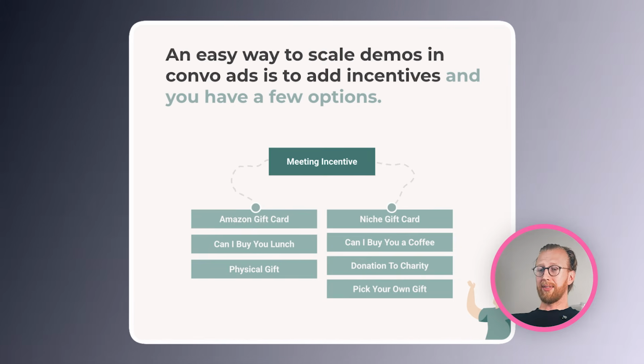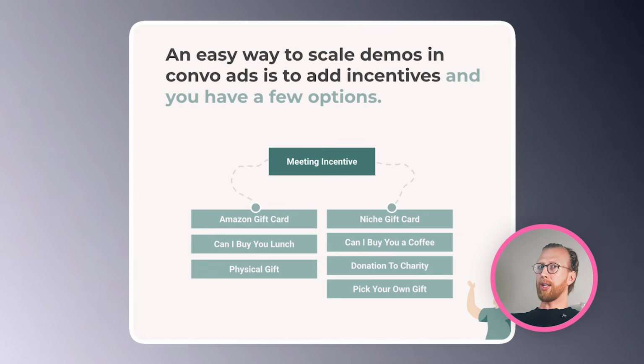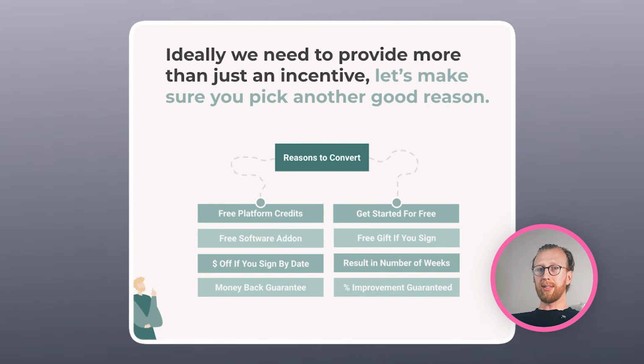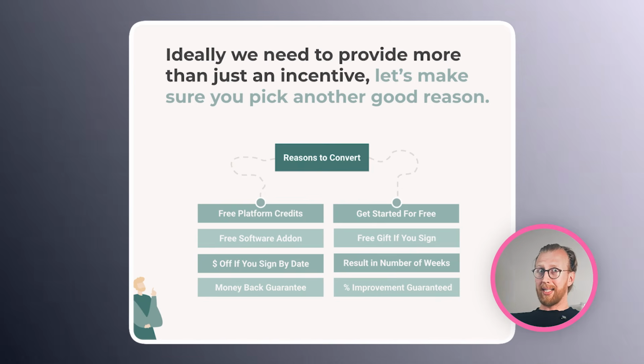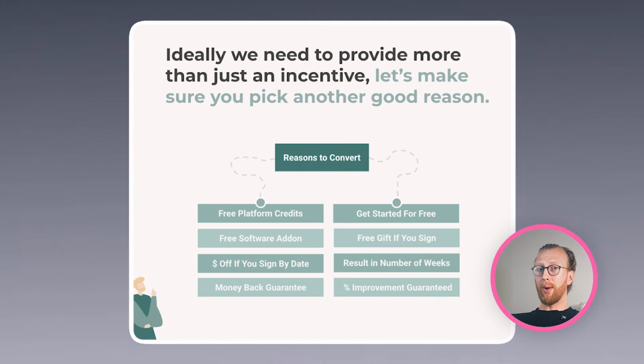Like we've got inside the Convo ad library, there's a couple of things in here. One thing you could do is do a meeting incentive, so gift cards, etc., various things. Or you can just provide another genuine reason to convert. Now, if you don't have a good reason to convert, easily just get incentives signed off, and it is a reason. But ideally, you're not just giving away free stuff.